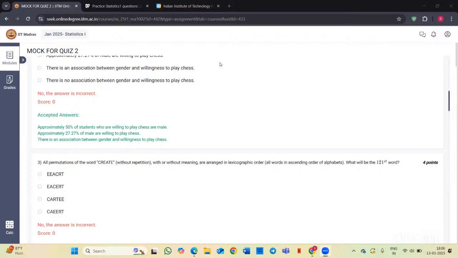Case one: I put A, solved it, and got 60 as the answer, so I thought it was up to the 60th word. Similarly, I did it again for C.